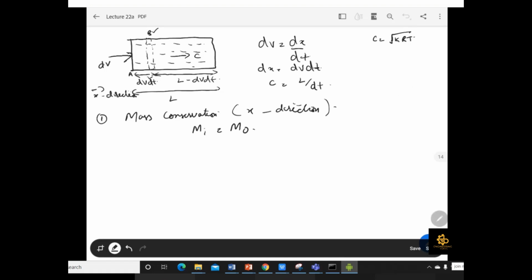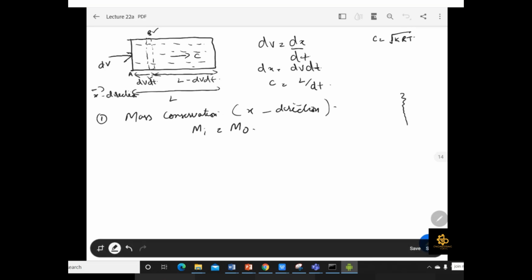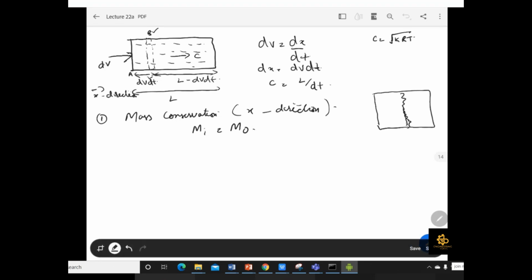For example, this is my wave which is generated when my piston moved towards point number B, and this is my control volume. In order to analyze only this section, this is just a wave. You can say it is a sound wave, and a pressure wave.